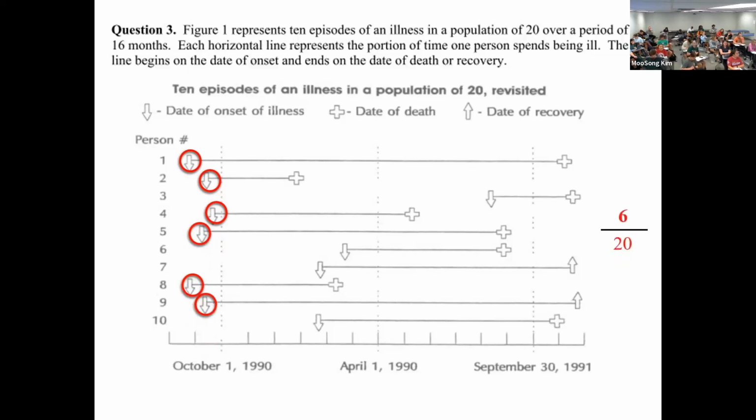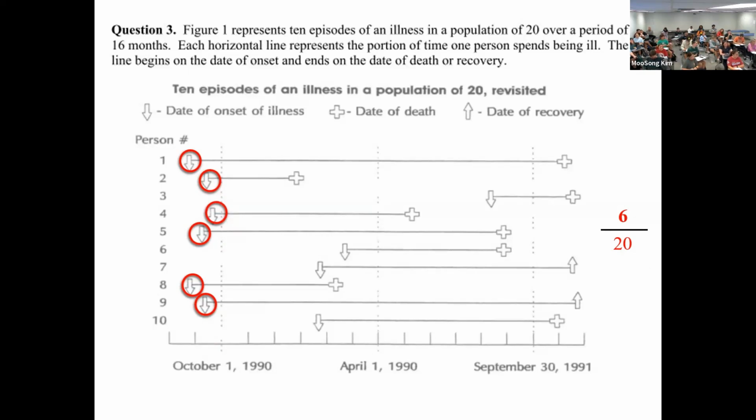Yeah. So 6 over 20 times 1000, and then you can get 300 per 1000.